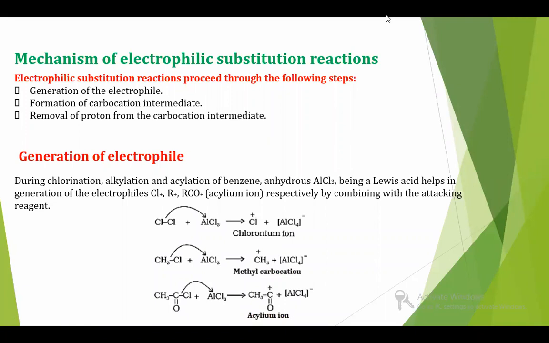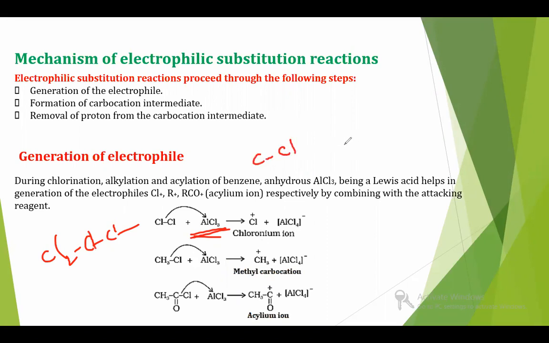Example, we'll see chlorination. In chlorination, chlorine, Cl2, can be written as Cl and Cl, in the presence of anhydrous aluminum chloride, AlCl3. This is also an example explaining the role of the catalyst.